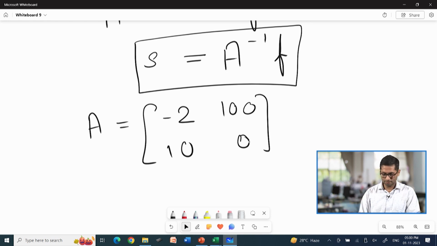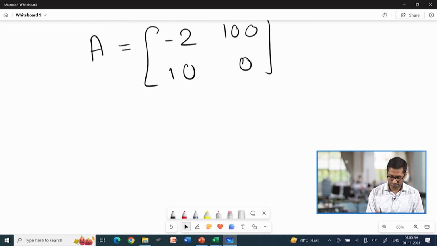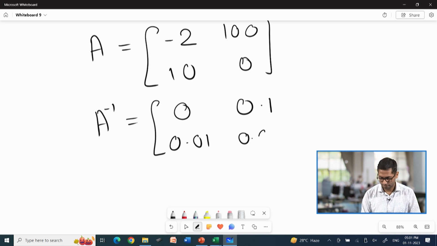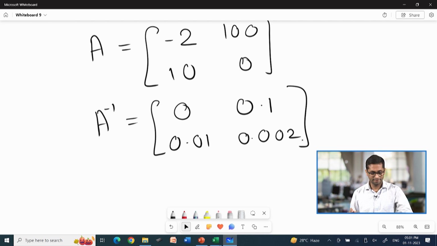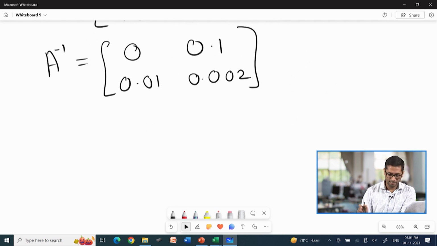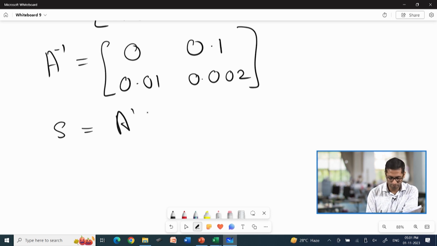And you can just get an inverse of this matrix. I am not going into the calculation, you can do it yourself. The inverse of matrix A would be 0, 0.1, 0.01 and 0.002. The matrix needs to be necessarily square if you want an inverse to exist, and to calculate the scaling factor, this would be A inverse into the function unit.